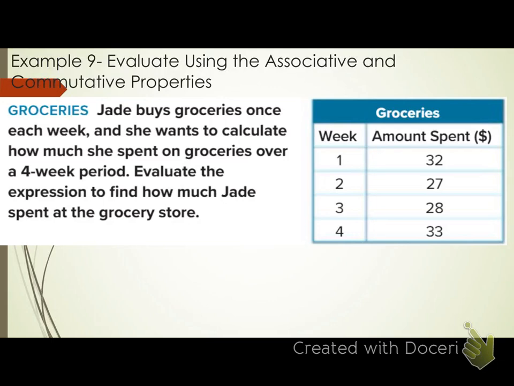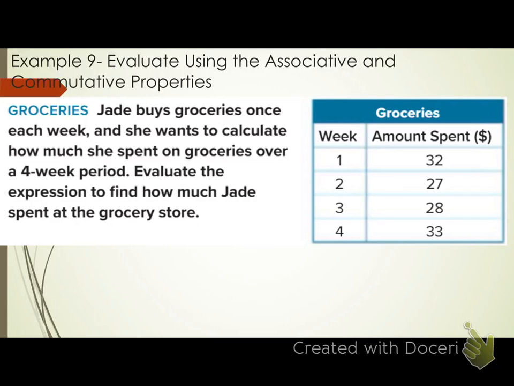Jade buys groceries once each week, and she wants to calculate how much she spent on groceries over a 4-week period. Evaluate the expression to find how much Jade spent at the grocery store. So, she shops weekly. Here are her 4 trips' totals to the grocery store.